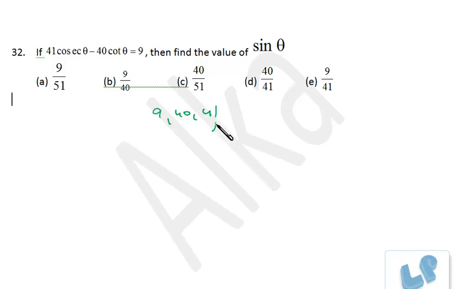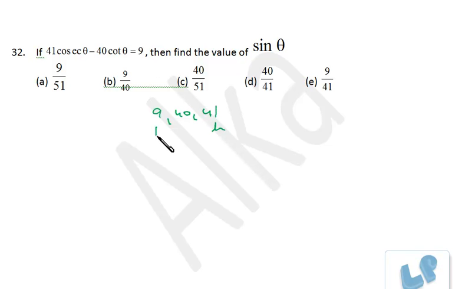The hypotenuse is fixed, but out of the other two, which one is perpendicular and which is base is not clear. So by hit and trial, we need to find it out. So how do we do that? This equation is given to us. I put in the values of cosec theta and cot theta from this, and see whether it's 9 or not, right?